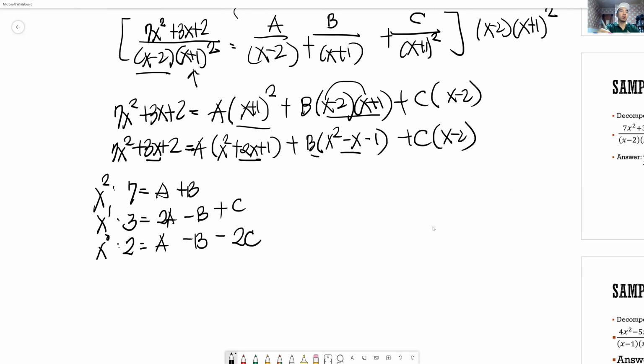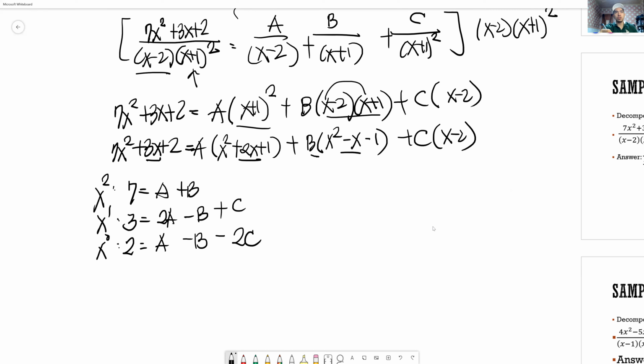Okay, so let me double check. So 3, 2a, negative b, and then c. Now we have here 3 equations and 3 unknowns. We can apply substitution, but what's more practical is if we apply the elimination method.